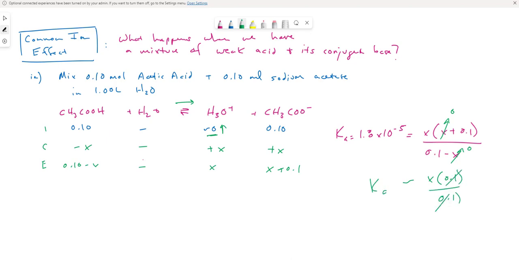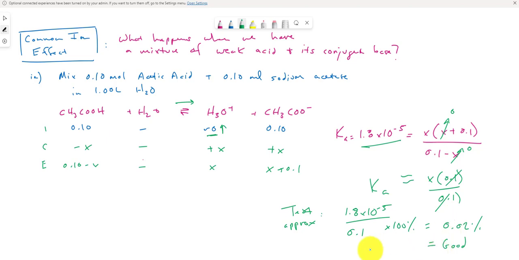And so Ka is nominally equal to x, which we already know. A quick test of that approximation is to take x divided by the original concentration of that acid times 100%. We get 0.02%, far less than our 5% criterion. So we say that's a fair approximation in this case.